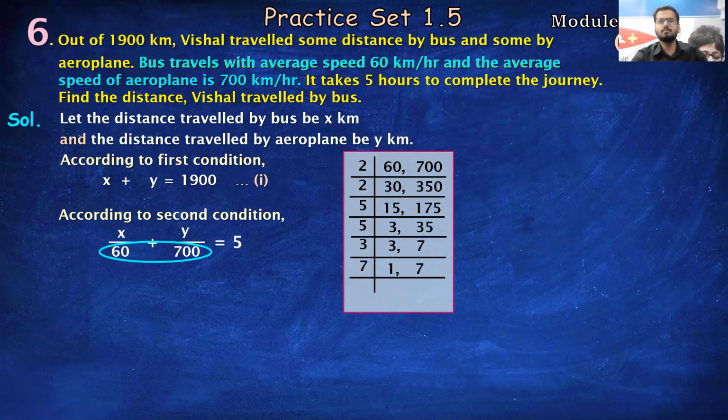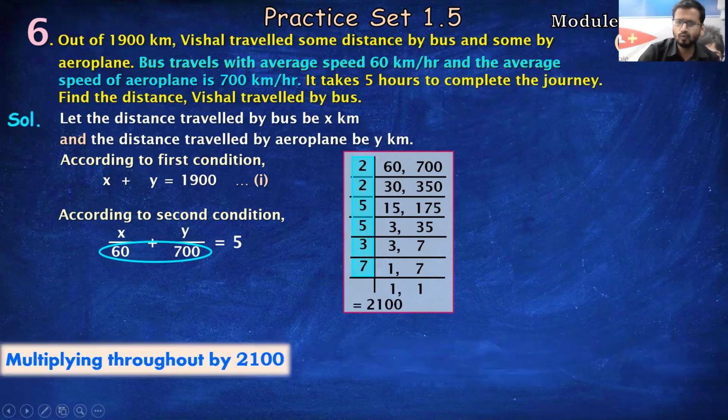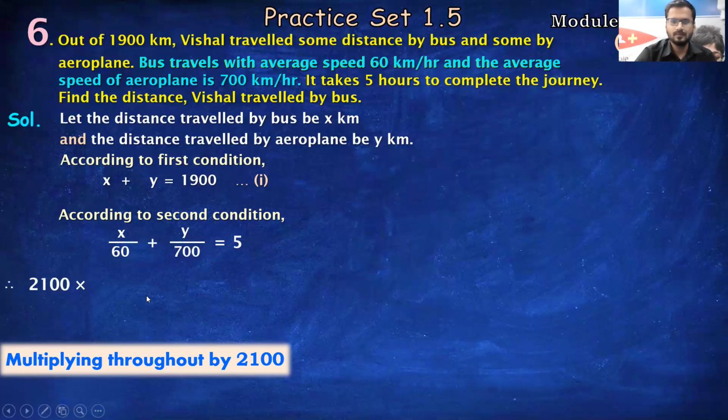Now if you multiply the numbers which are available on this side, you will get the LCM. It is nothing but 2100. So the next step is going to be multiplying throughout by 2100 so that your equation becomes easy for the calculation purpose. Let's do that.